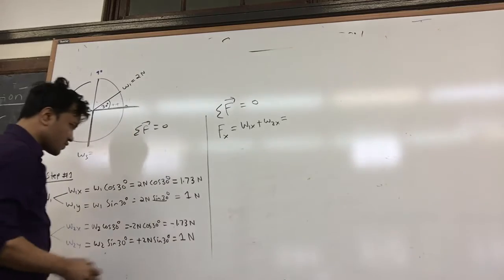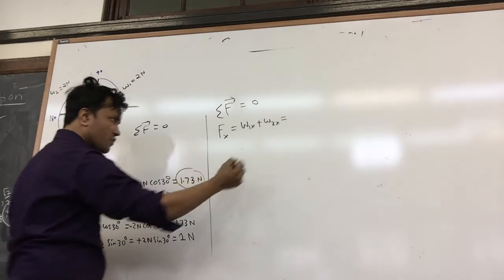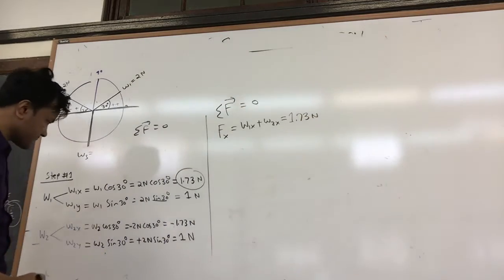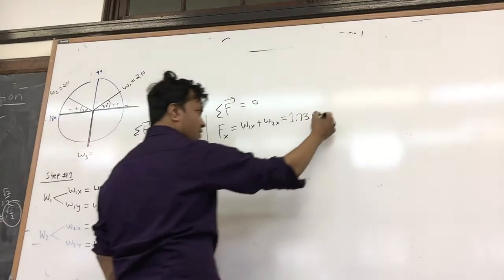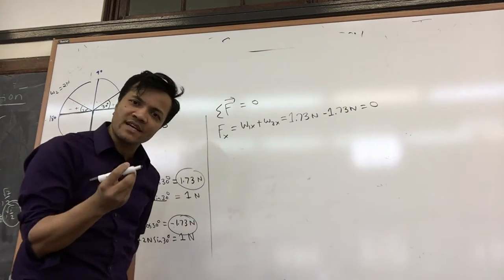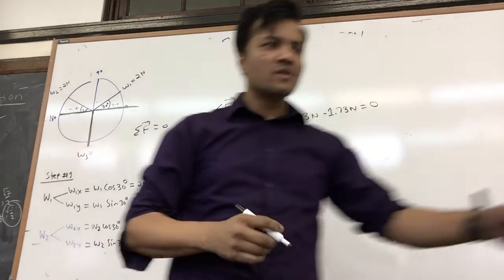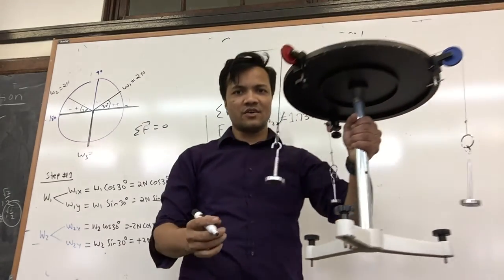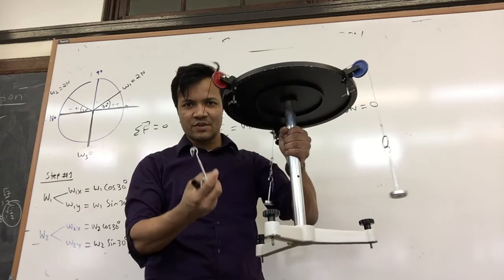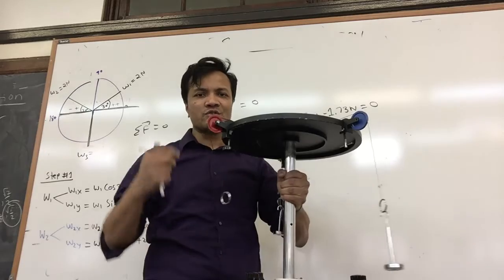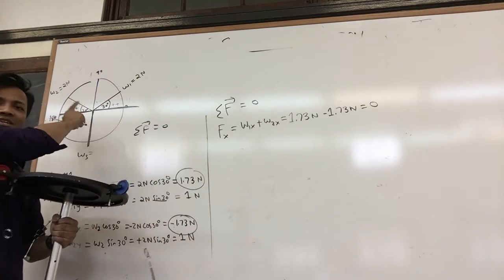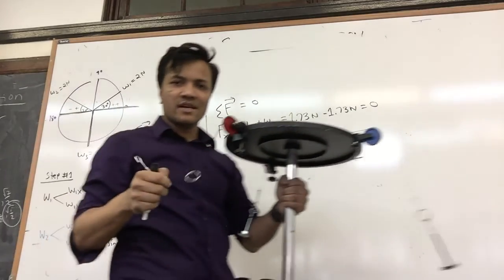W1x, we already have that, 1.73 Newton. W2x is negative 1.73 Newton. So the force acting in the x direction is 0. And that does make sense. There is no force acting in the x direction. We have to keep that in mind.